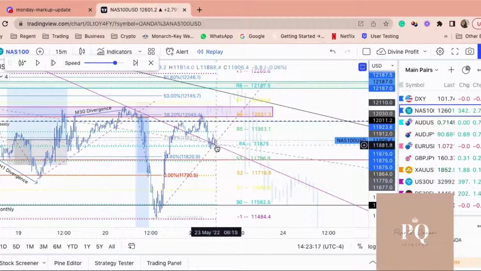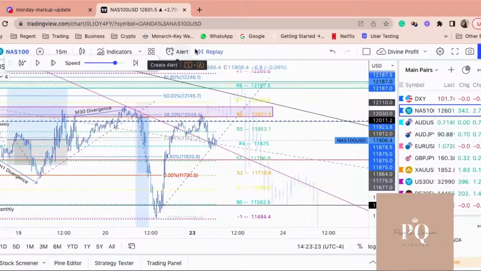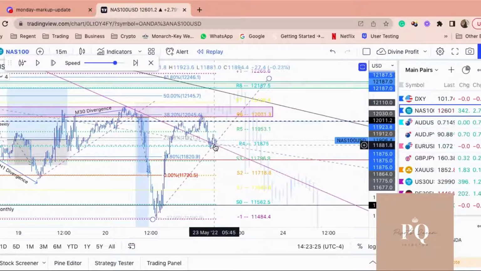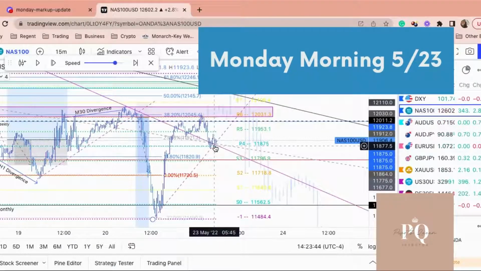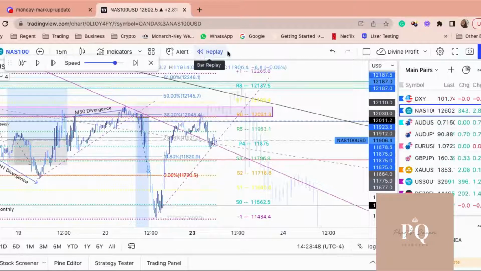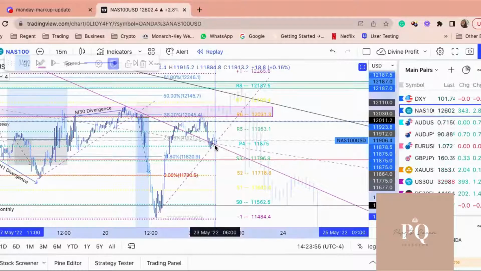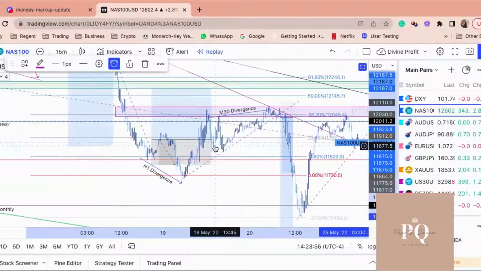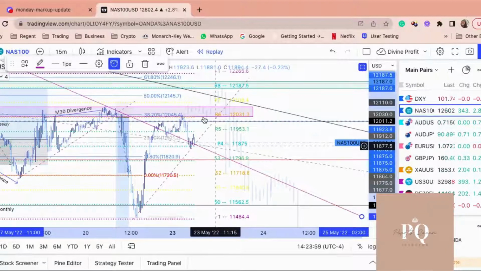This is about 6 in the morning. I am using replay to do this. This is Monday morning that I have replayed back to. I just use the replay bar up here. If you press replay, you can drag this bar however far back in the market you want it to go, and it will erase all the candles from beforehand.